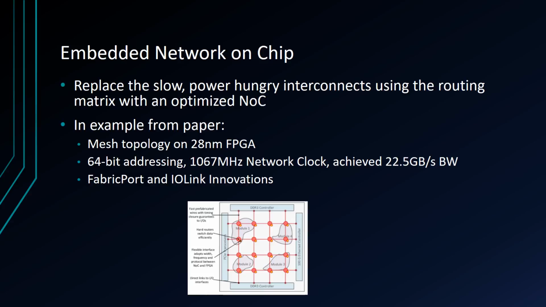The specific example from my paper used a mesh topology on a 28 nanometer FPGA, with 64-bit addressing and a 1067 megahertz clock on the network, and achieved around 22.5 gigabytes per second bandwidth. Additionally, there were a few different innovations for interacting with the FPGA fabric called Fabric Port and IO Link. The details of those are in my paper.